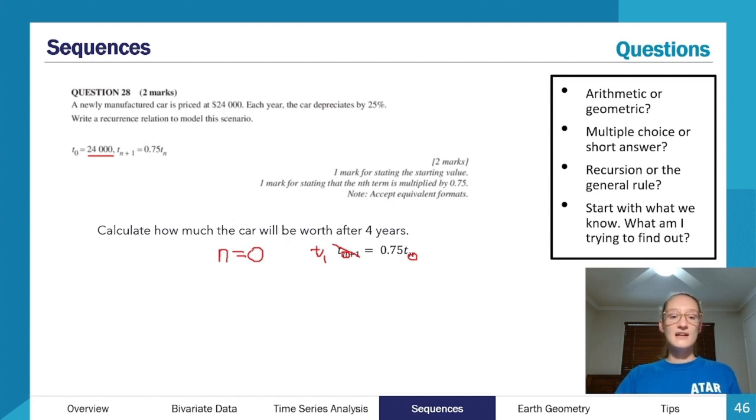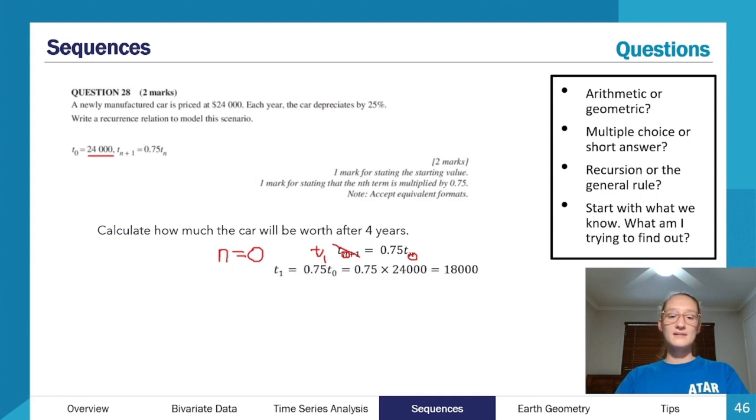By saying let n equal 0, we now know that T1, so term 1, which is n equals 1, which is after 1 year has passed, our car is going to be worth 0.75, which is 25% less of what its previous value was.